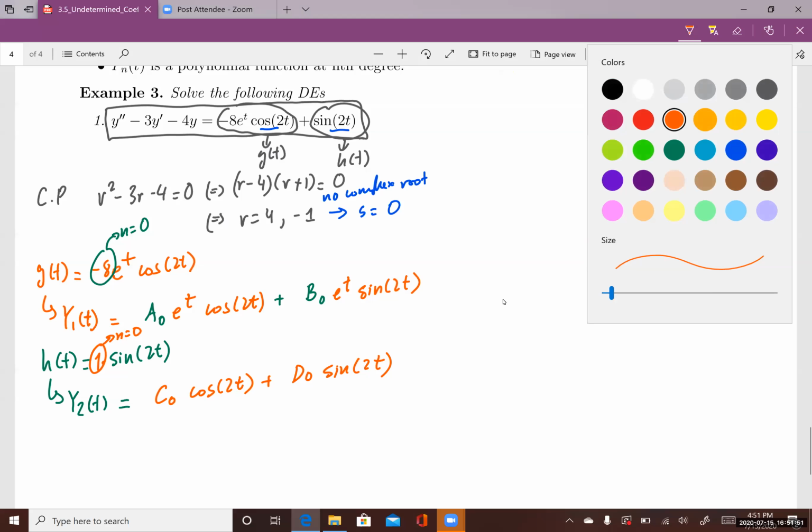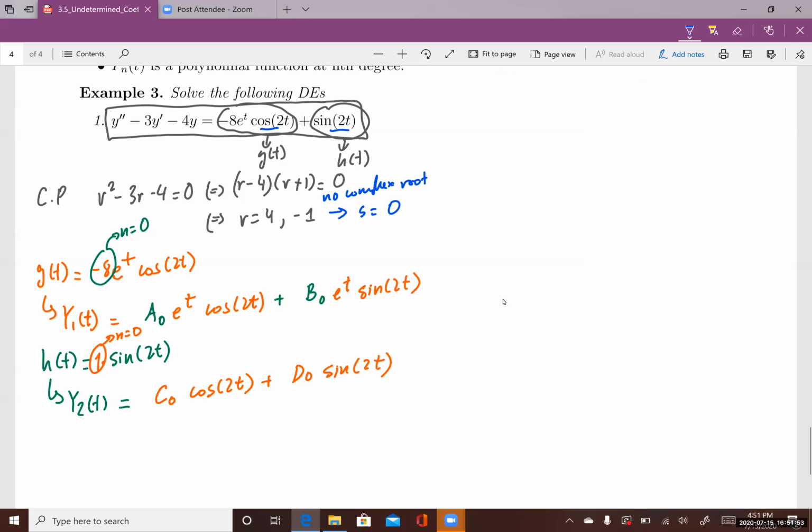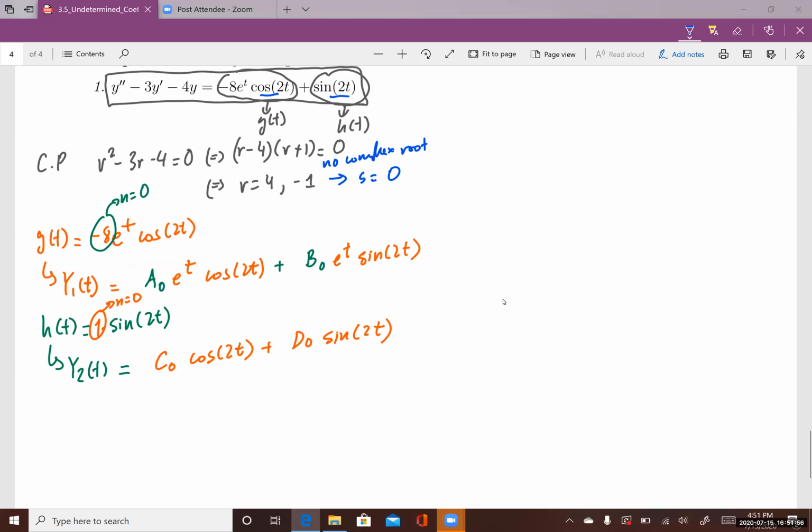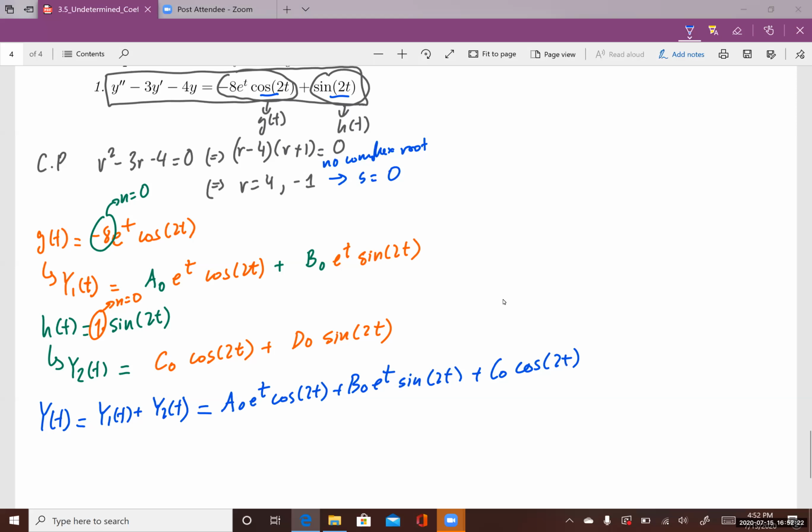Well, the next step is I have to combine these two functions together to get my specific solution to the non-homogeneous part: Y of t equals Y1 of t plus Y2 of t. And it's going to be equal to this function added to this function: a0 e to the t cosine 2t plus b0 e to the t sine 2t plus c0 cosine 2t plus d0 sine of 2t.